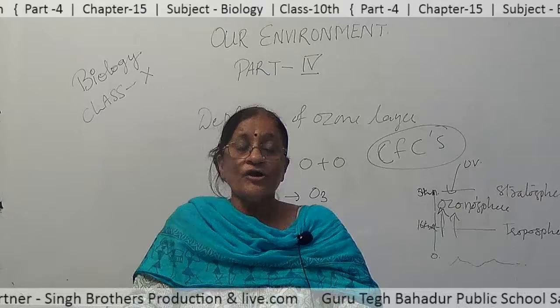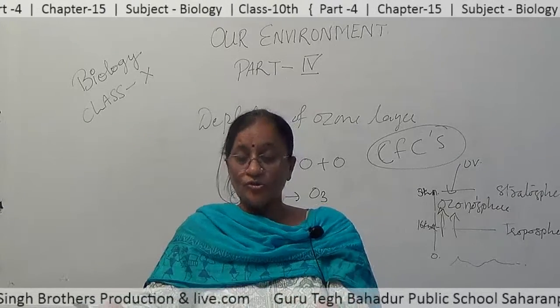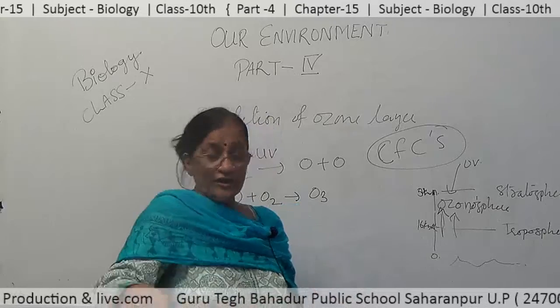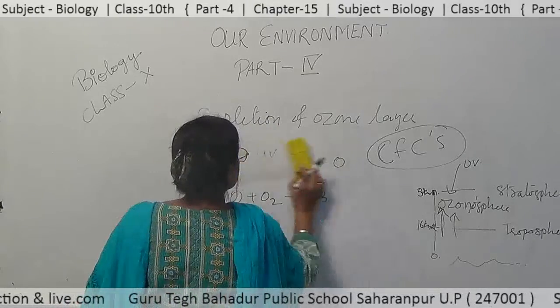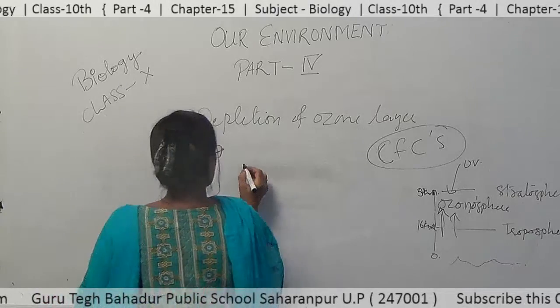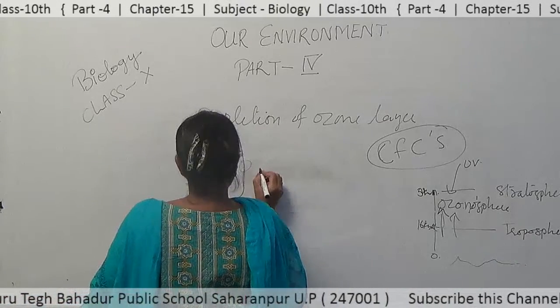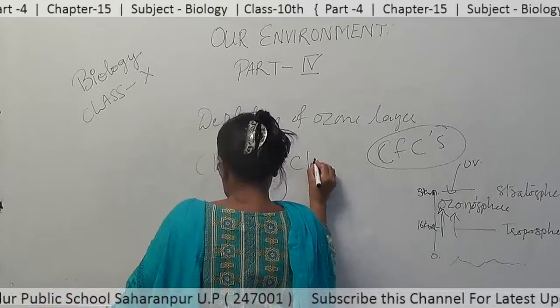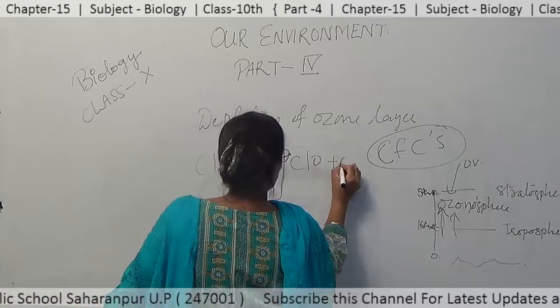It can destroy hundreds of molecules of ozone, because chlorine combines with ozone: chlorine plus O3 forms ClO plus O2.